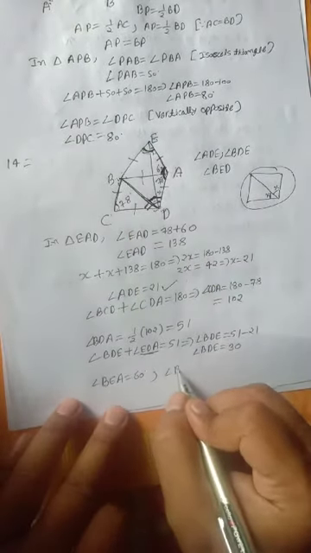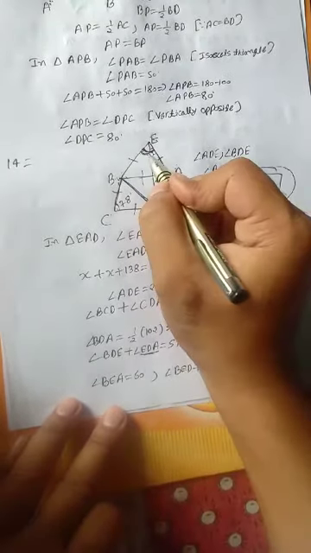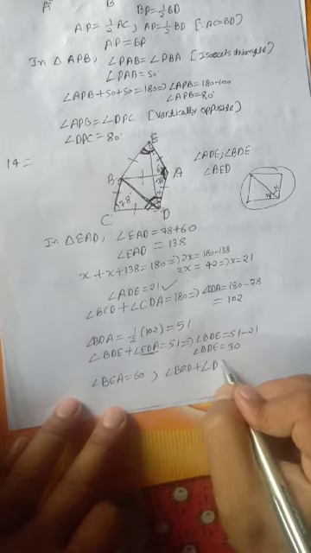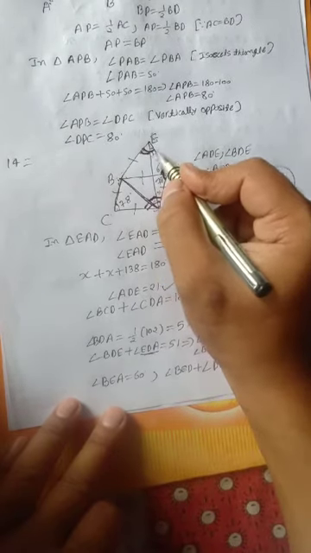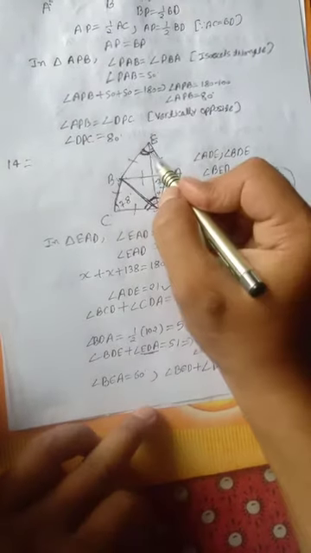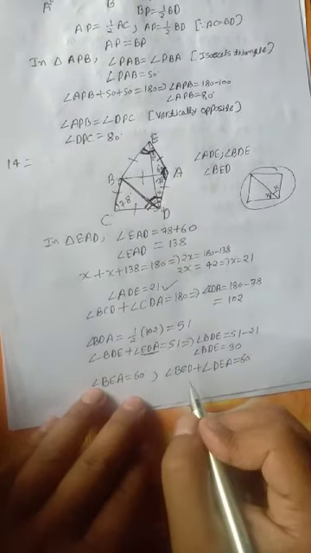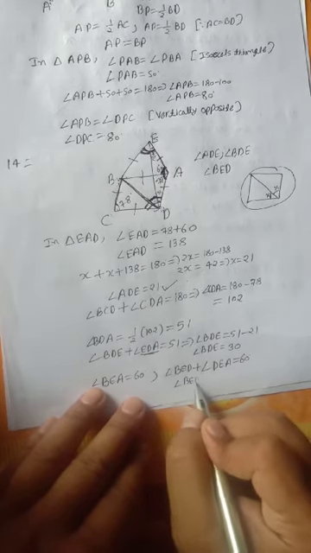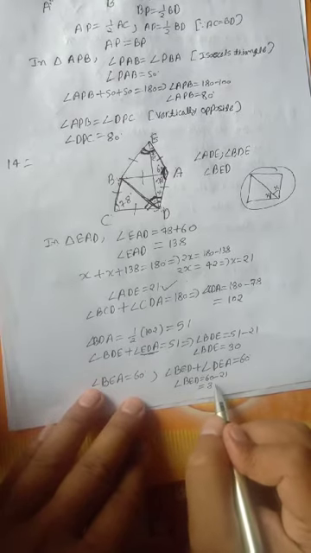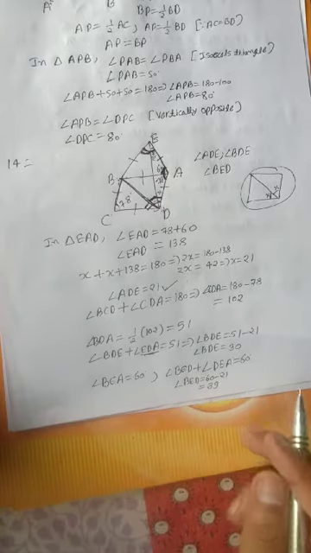And we know this angle is equal to x, whose value was 21. So angle BED equals 60 minus 21, which equals 39. So angle BED equals 39.